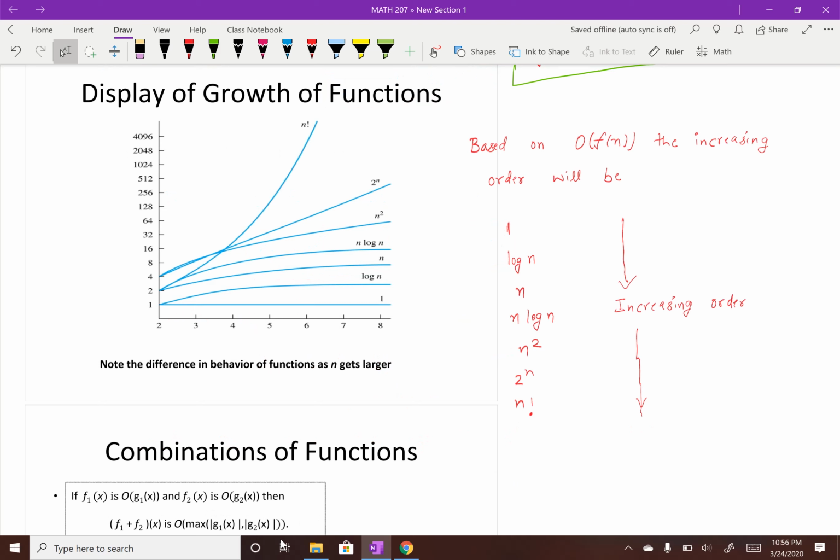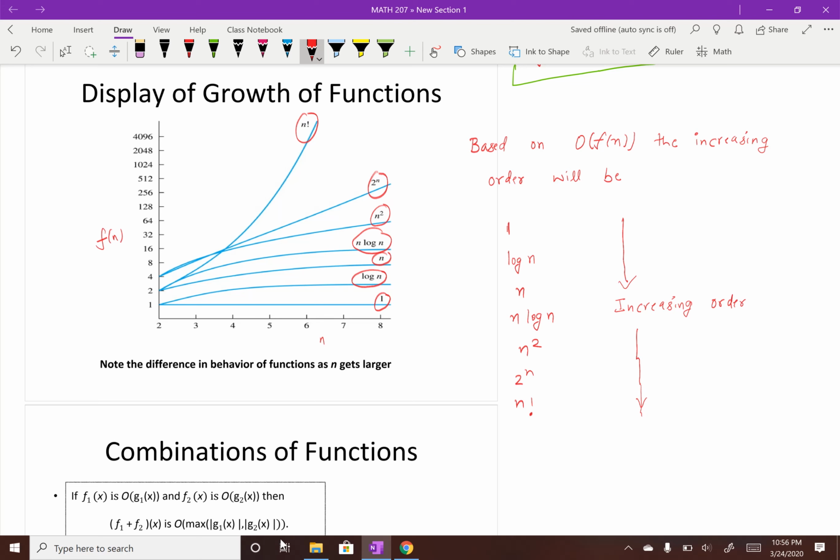So in this figure we are going to display the growth of different classes of functions. We have chosen f of n as 1, log of n, n log n, n squared, 2 to the power n, and n factorial. The x-axis is n, increasing from 2 all the way up to 8, and this is the value of your function f of n.